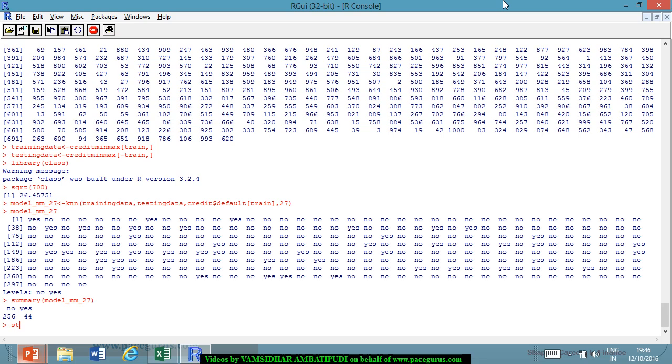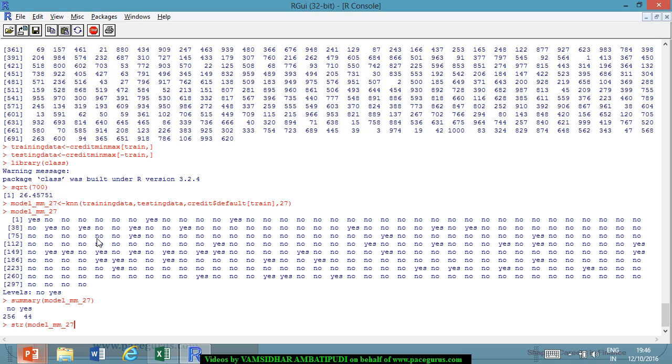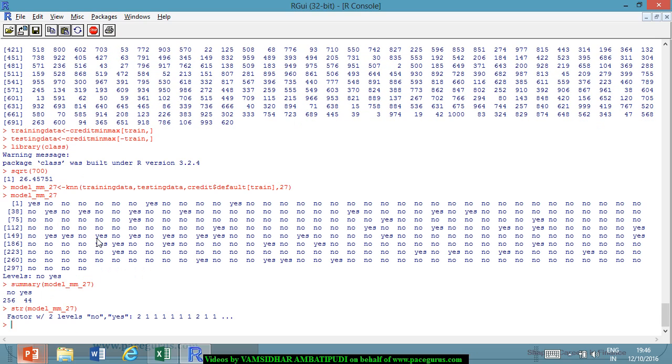If you want, sometimes you can look at the structure of the model also to see what is being retrieved by this model. The only thing it retrieves is the factor. It does not retrieve much because there is no model formula created. It's just doing it one by one. For the first observation in the test data, which 27 observations in the training data are closest to it?